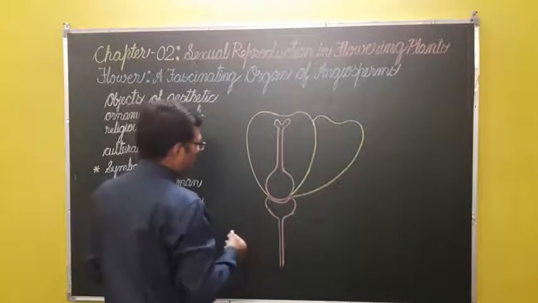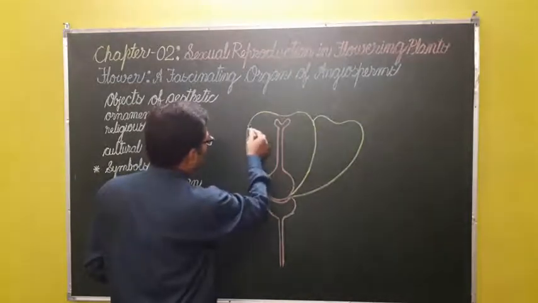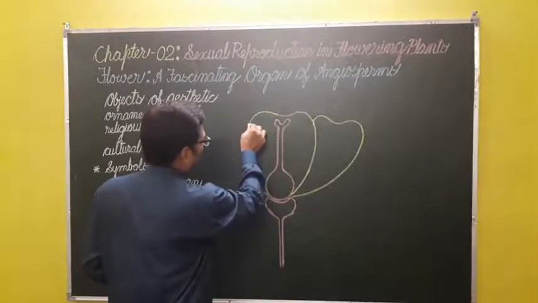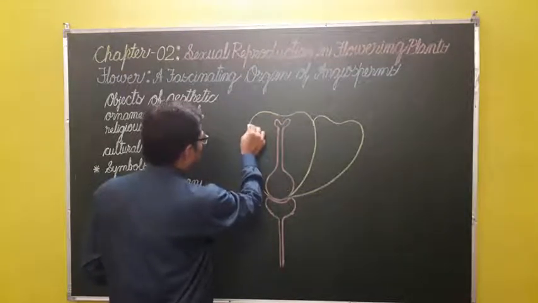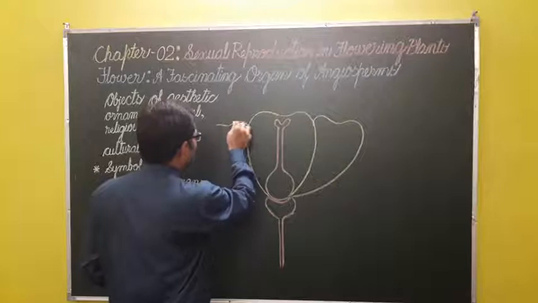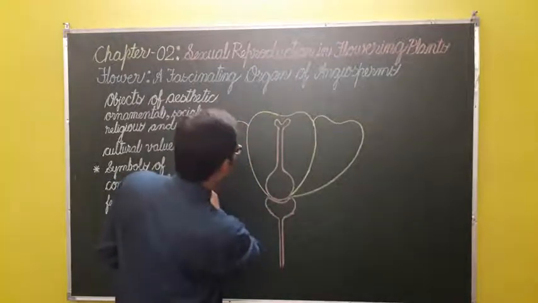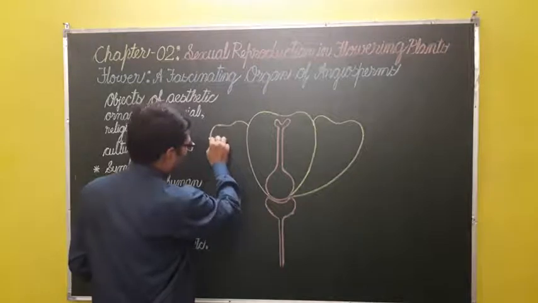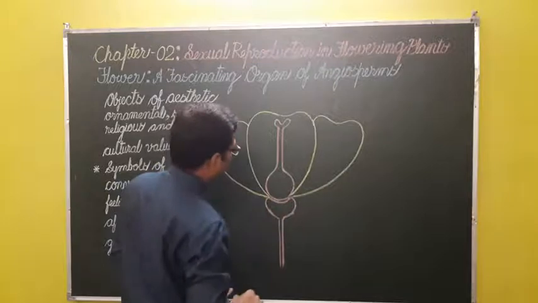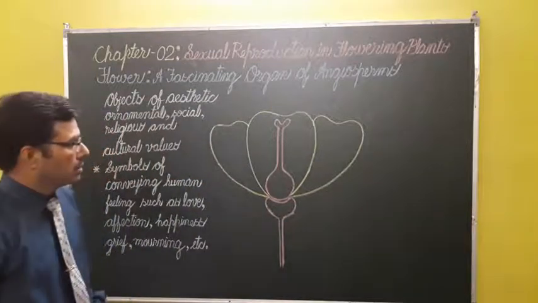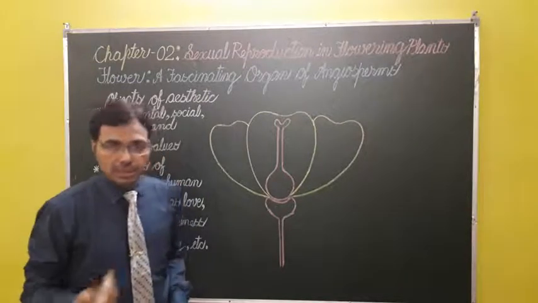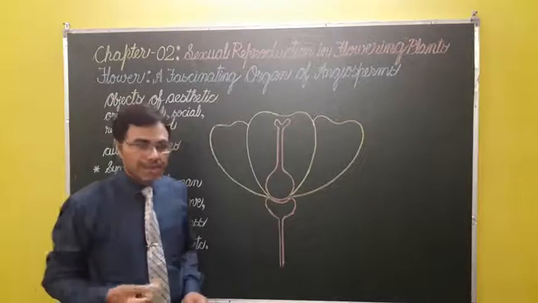You are very well aware that the corolla is brightly colored. You know what is the reason behind that? Yes, because they are responsible to attract the insects for the purpose of pollination. That's why the second whorl from the outside, that is corolla, is brightly colored. And corolla is again made up of units, and these units are called petals.